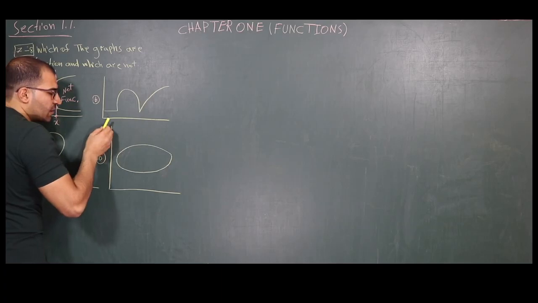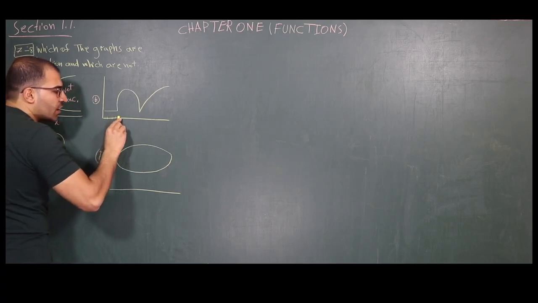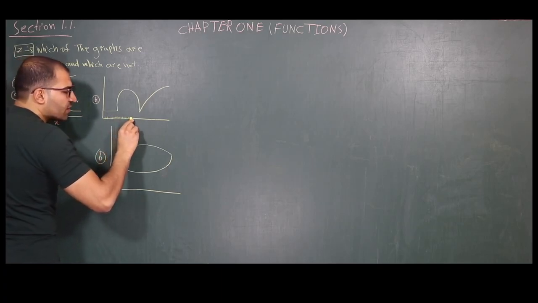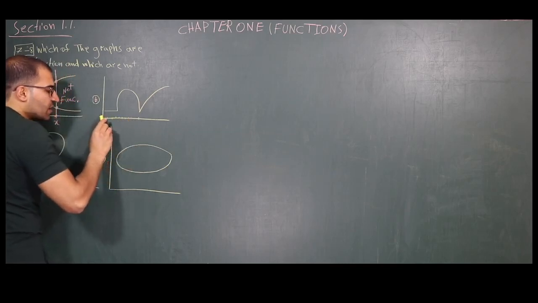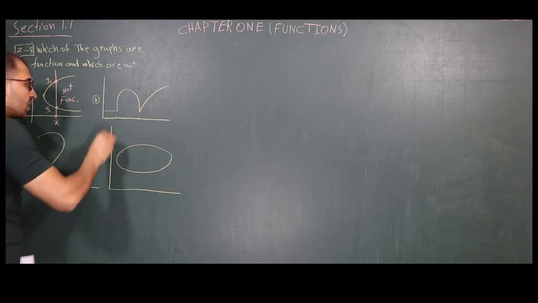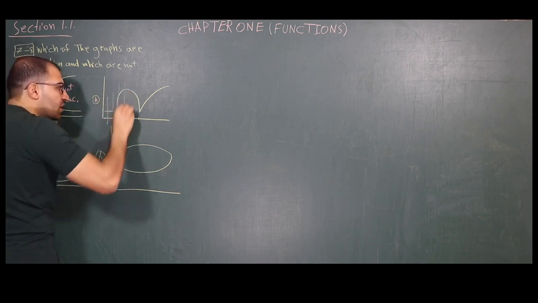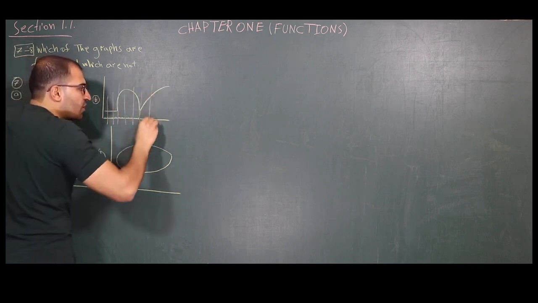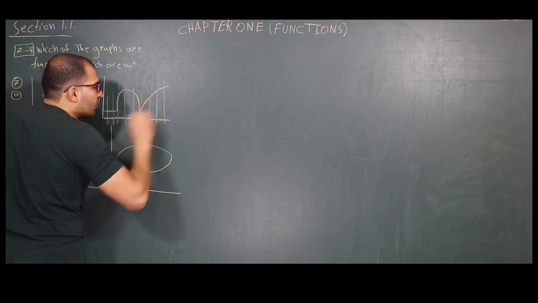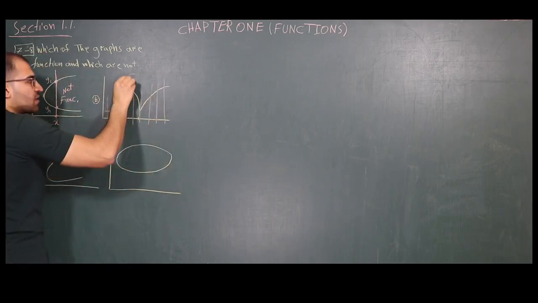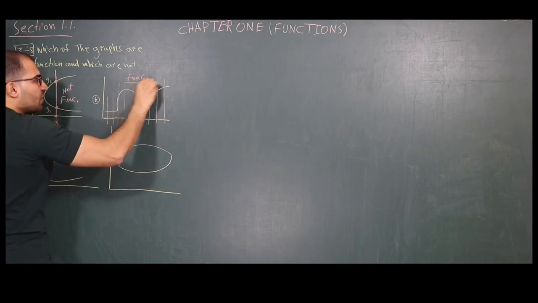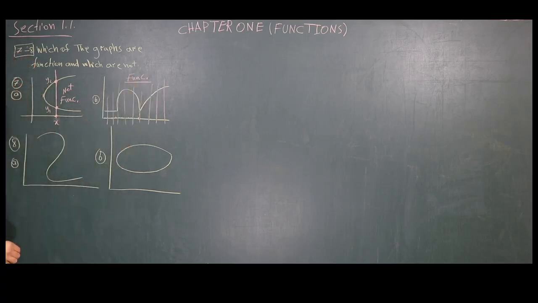In every step to the right, we can see that this line intersects with the graph with just 1 point, up to the end of the function. So this is a function.